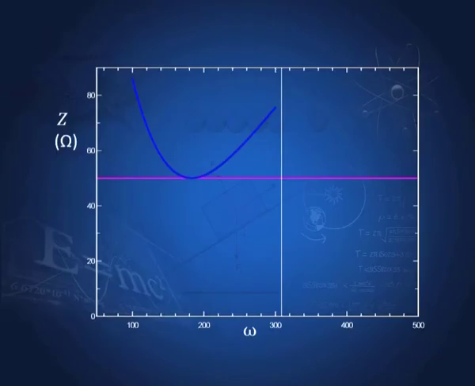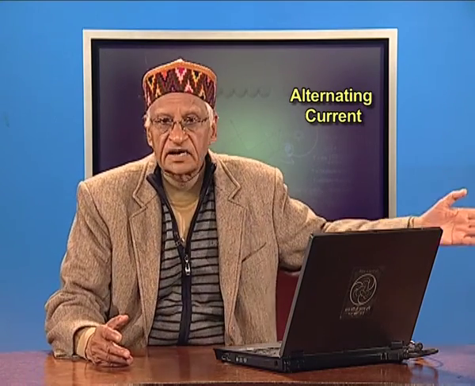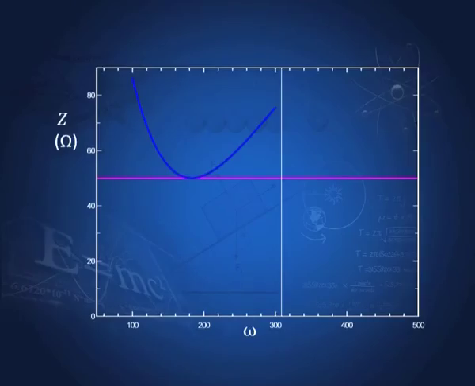This graph shows that the impedance is decreasing as we approach the resonance frequency. At the resonance frequency itself, Z is minimum, therefore the current is maximum, and as we go on either side of the resonance frequency, it does not matter which, the impedance is always higher than at exactly the resonance frequency.